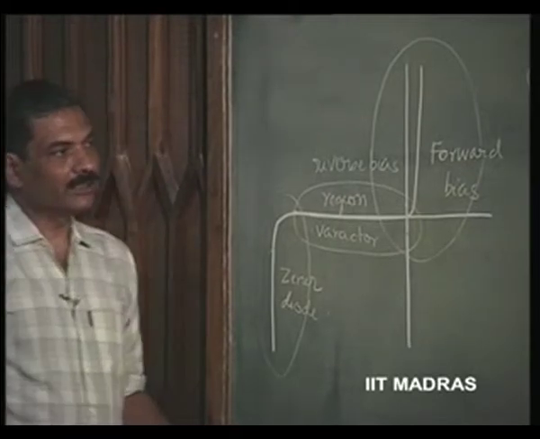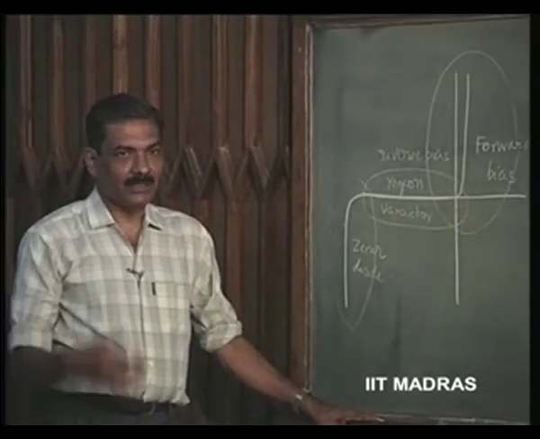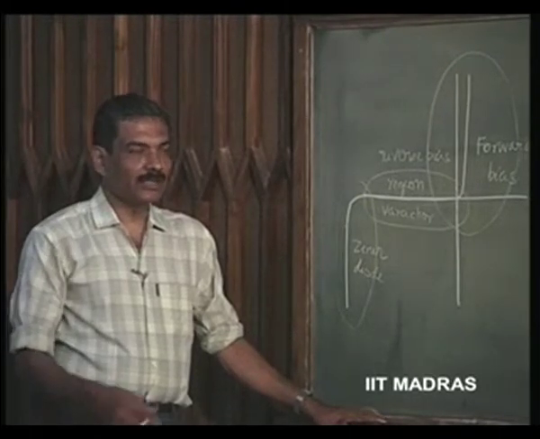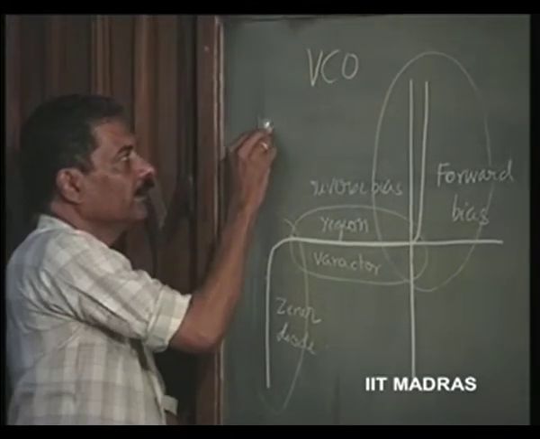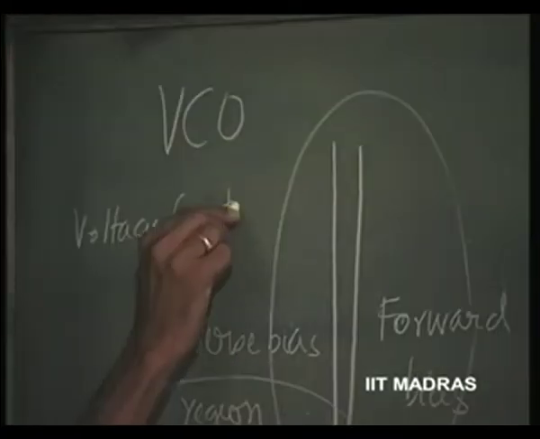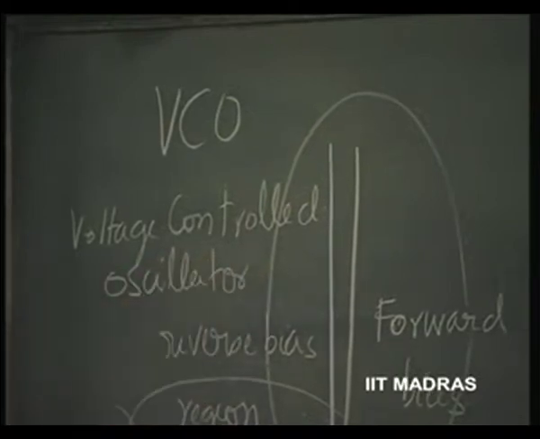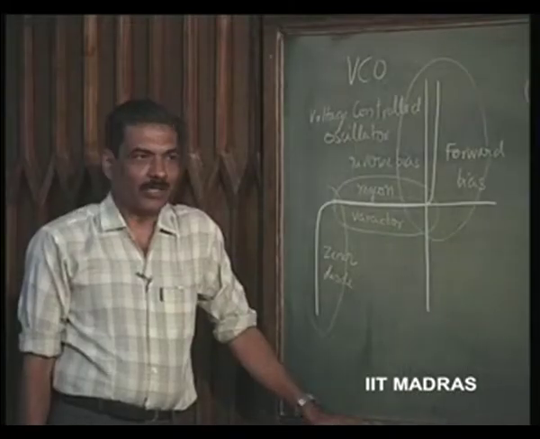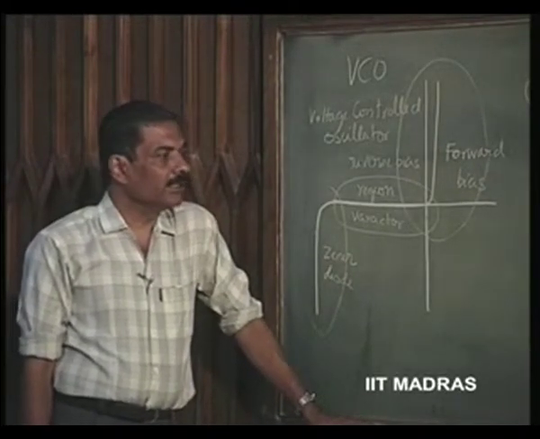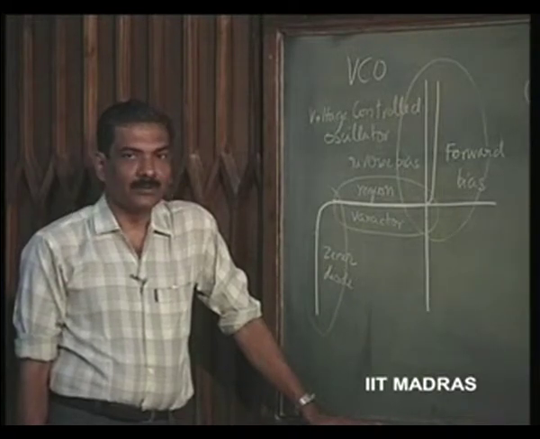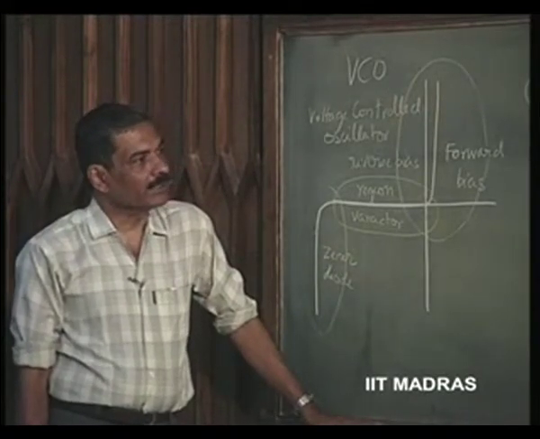Where do you use this variable capacitor or Varactor diode? Whenever we want an LC oscillator, we will discuss this later, whose frequency of oscillation has to be varied, a voltage controlled oscillator can use this variable capacitor, or a filter which has to be tuned, voltage controlled filter, voltage controlled oscillator, all these things use this Varactor diode for varying the capacitance of the network, thereby varying the frequency of oscillation or the frequency of the filter.